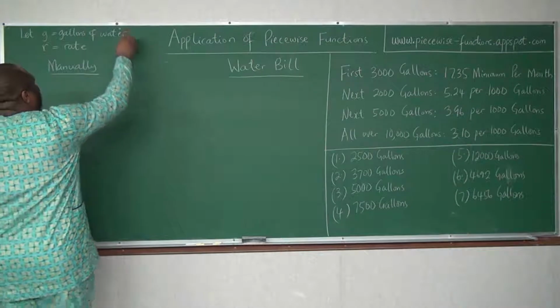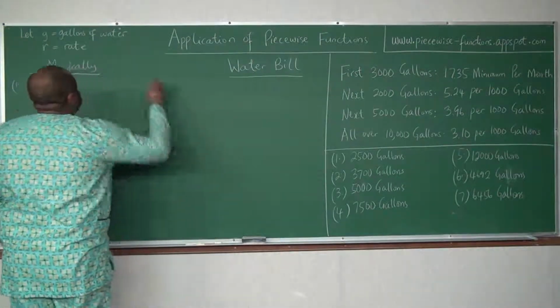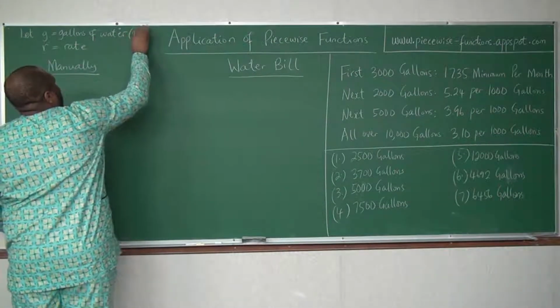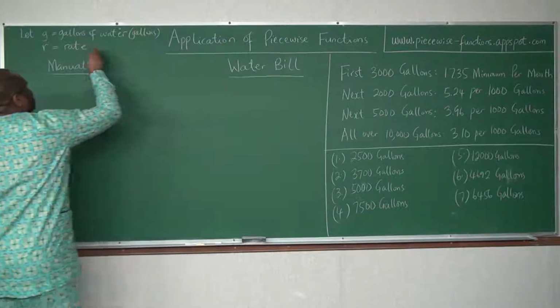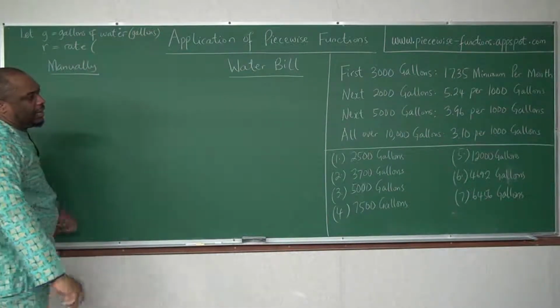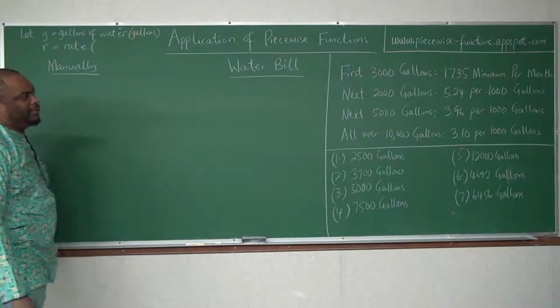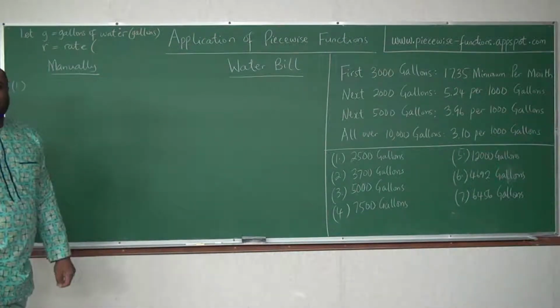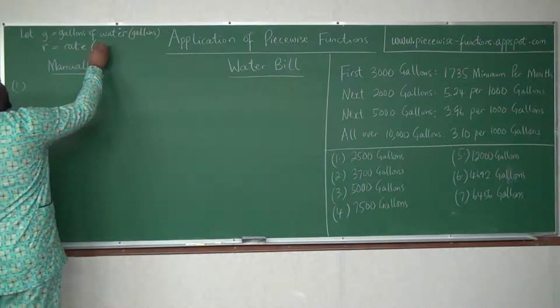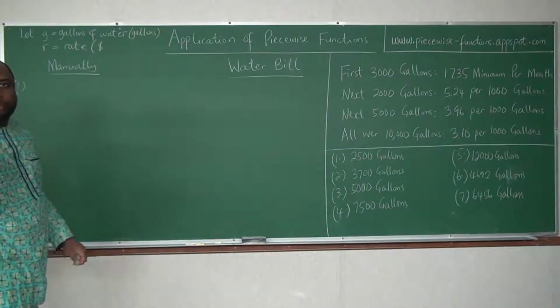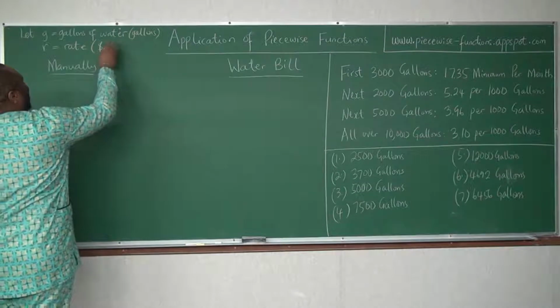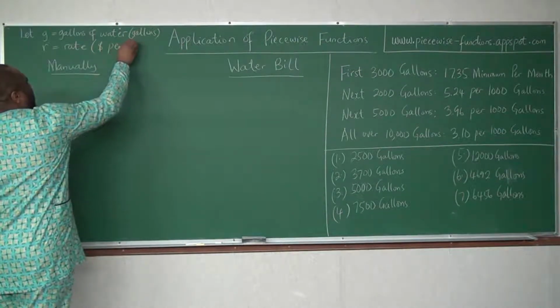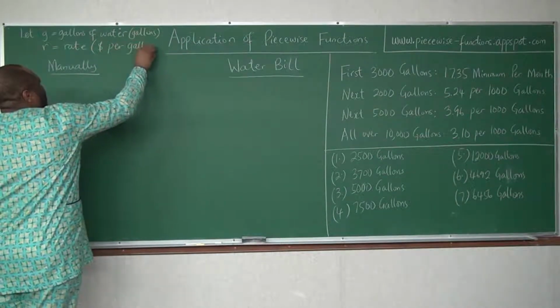This is just in gallons. And this is the rate, which they have in per 1,000 gallons. But our rate, we would want it in per gallon. So I'm going to put, and I'm using yellow chalk, dollar per gallon.